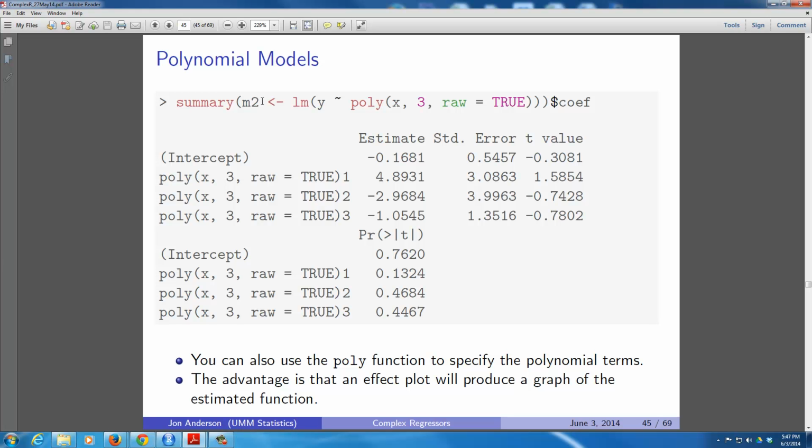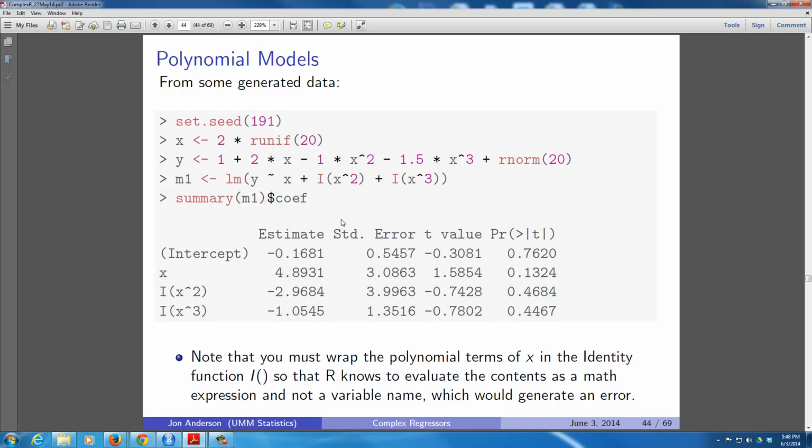I've done that here, model M2, linear model of y as a function of a polynomial of x, degree 3, so we'll go up to third power. Raw equals true just means use the basic polynomials. And you can see what you get. You get the same beta hat estimates as you did using the identity function.